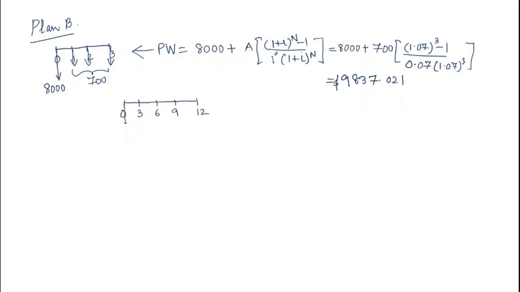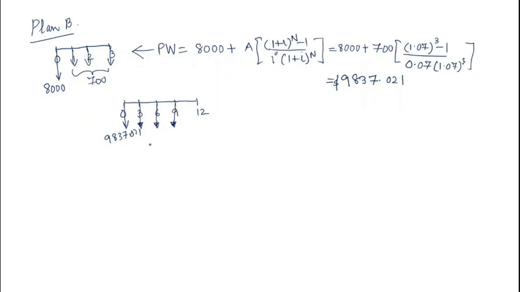So one we have already calculated, this is 9837.021, and the same transaction will appear here at the end of year 3, again at the end of year 6, and again at the end of year 9, not at 12, because the present worth will be calculated at this point of time.